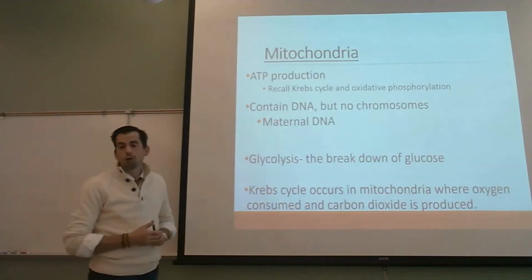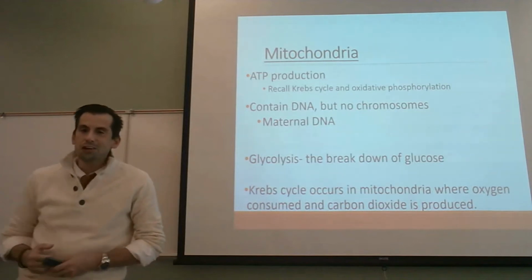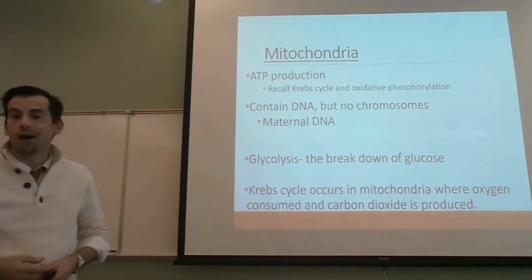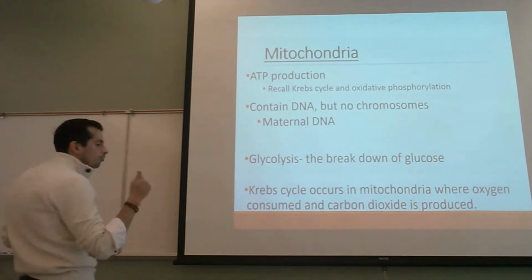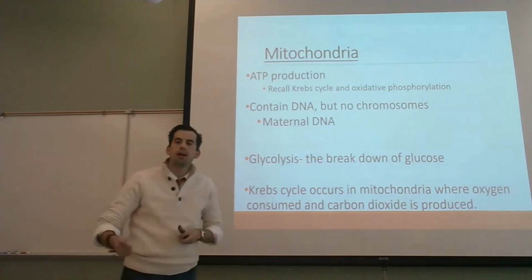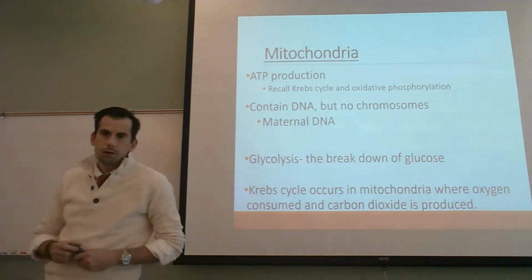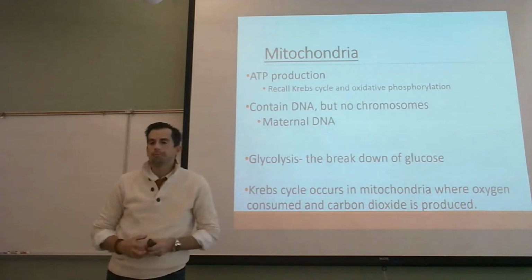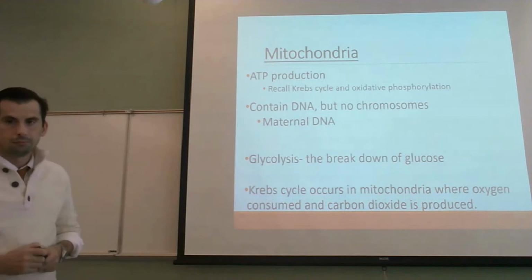The mitochondria, you've all heard the tagline for this one, powerhouse of the cell, pretty much in every introductory biology book you'll ever find. The mitochondria is called the powerhouse of the cell because that's where we see the majority of ATP get produced. And we've already been through this. For every glucose we break down, we get an average of 36 ATPs.